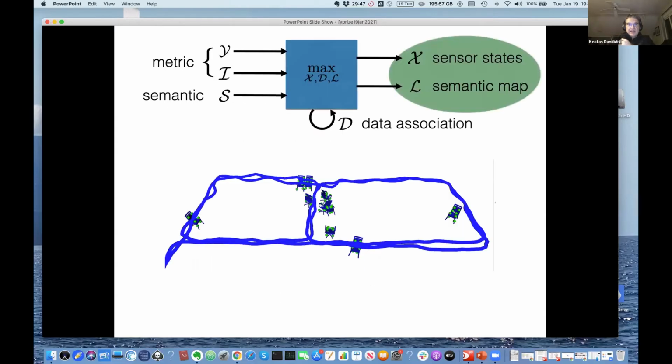And to achieve this, this is the kind of system that we have. We have images here, we have inertial information, accelerometer and gyro information. We have this database of images annotated with cars or chairs or doors.